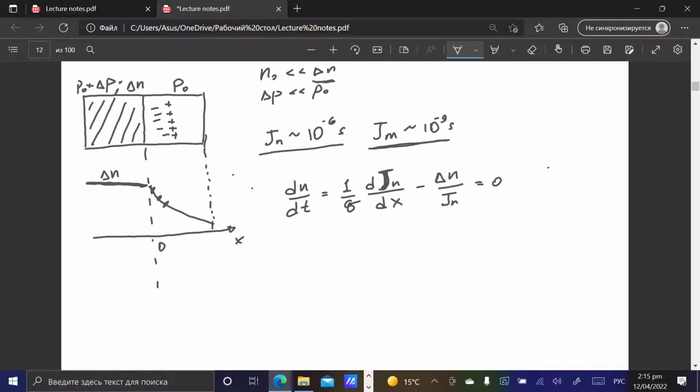So now we know that our current J is caused only by diffusion of electrons. That will be q times Dn times the first derivative of the excess electron concentration as a function of position along axis x, d delta n over dx.